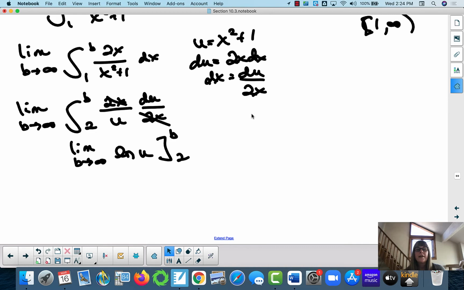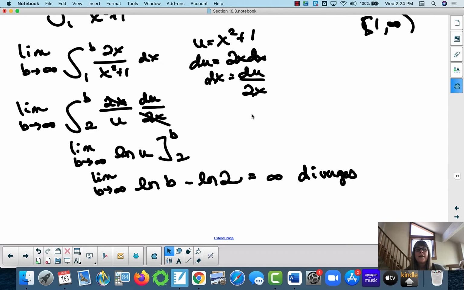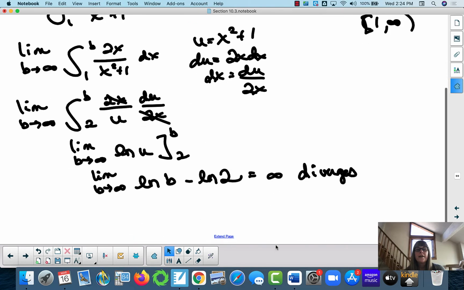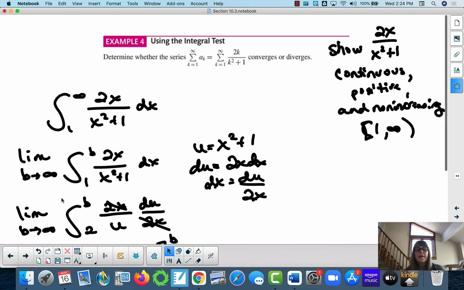So then that gives me the limit as b approaches infinity, natural log of b minus the natural log of 2. As b goes to infinity, the natural log of infinity goes to infinity, so this diverges. Okay, we don't get a number when we evaluate this improper integral, and therefore we know that that series diverges.